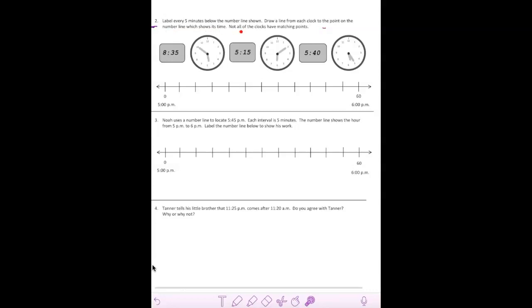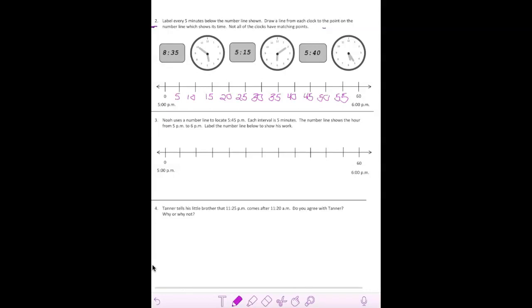Not all of the clocks have matching points. So we're at 0 here, 5, 10, just like we have been doing. I know it seems repetitive, but it's going to help you in the long run. So label every 5 minutes. And then we get to 60.